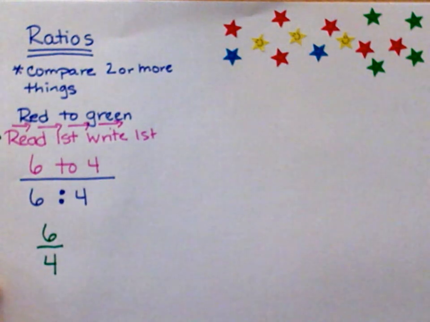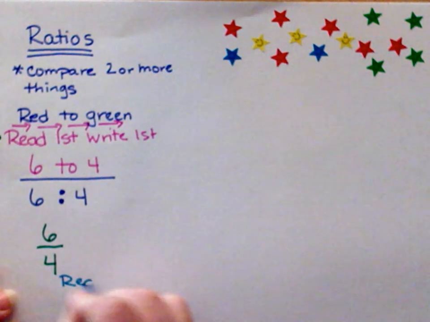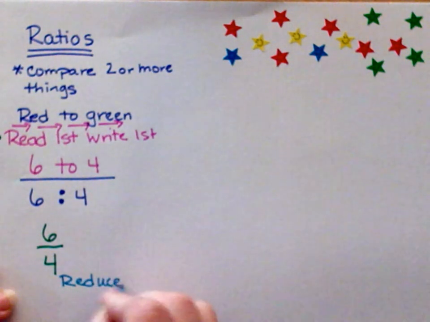Now, because we call it a ratio, it's okay that the larger number is on top. We do not call it improper. We just simply look at it as a comparison of two or more things. But there are some skills that I can still do, like with a fraction, and that is reduce. So I do want to have a reduced ratio.